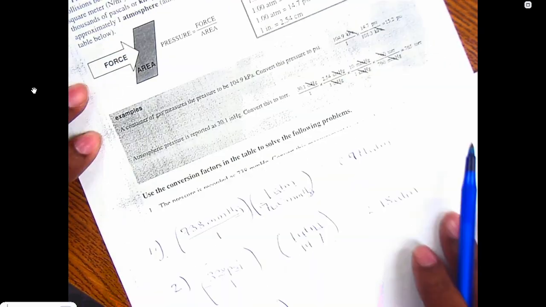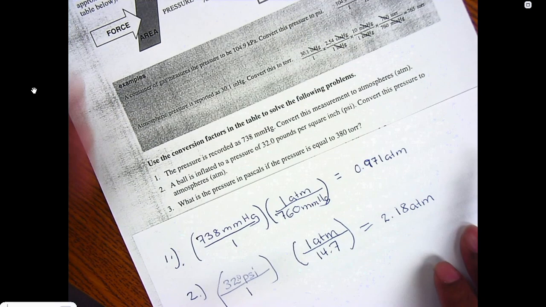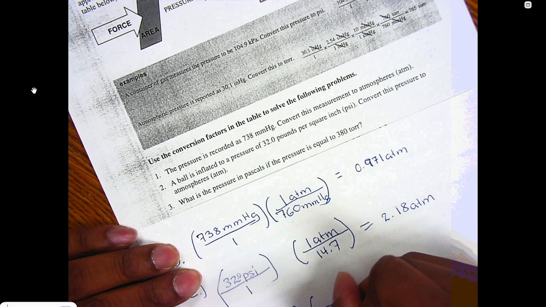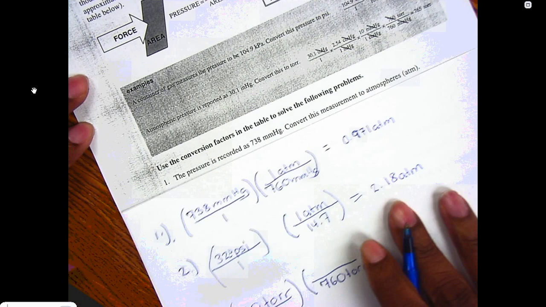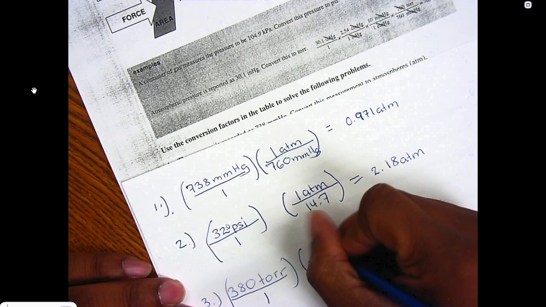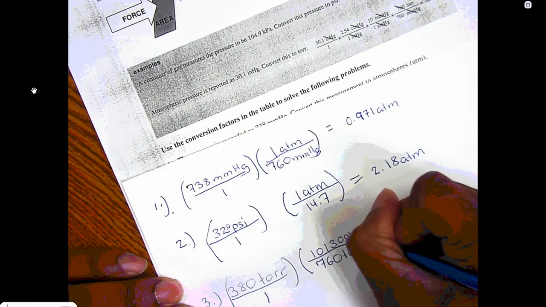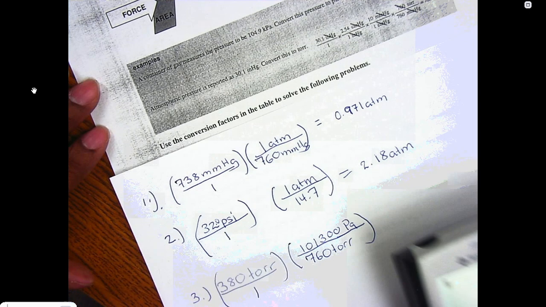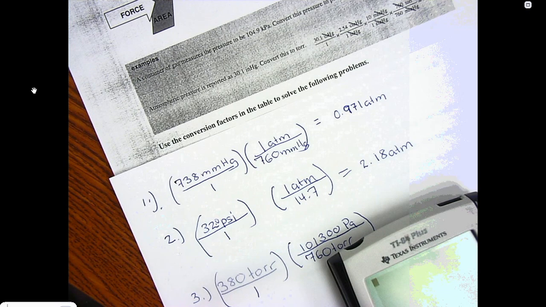So, for me, you can write it one or two ways, but I kind of eliminate the middleman of 1 ATM since I'm going to pascals, and I go ahead and put my 760 torr down here. Let me move it up just for clarity purposes. And then I incorporate my pascals. And so for this one, I'm going to take my 380, divide by 760, and multiply that by the 101,300.